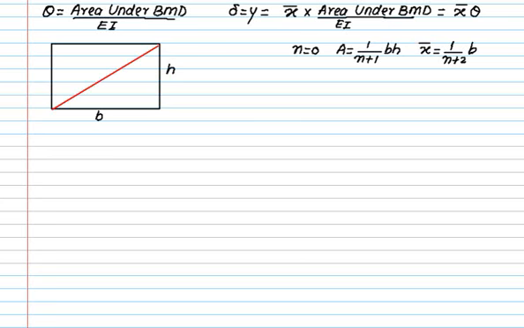Now we have a triangle. So what is the degree of a triangle? 1. So degree equal to 1. So the area will be 1 by 2 times BH. Familiar? X bar is B by 3 from the height. Okay?